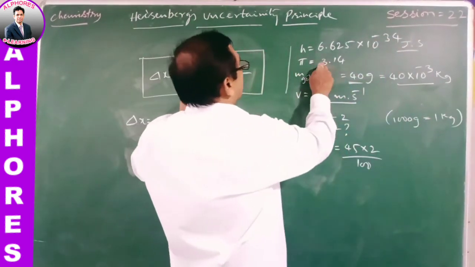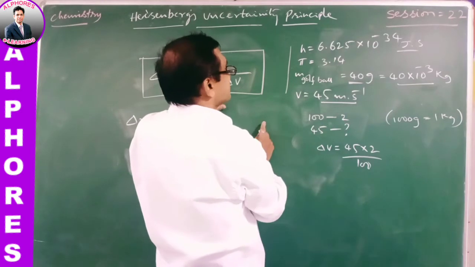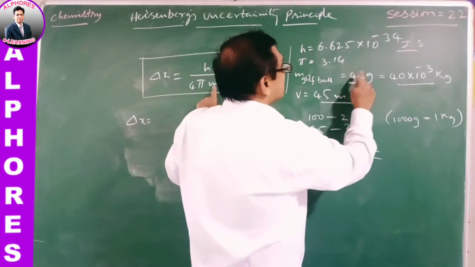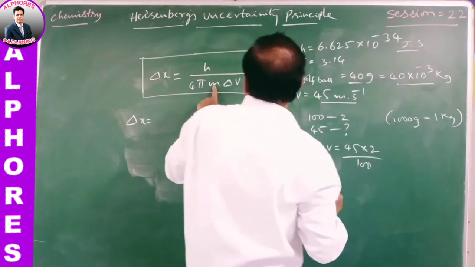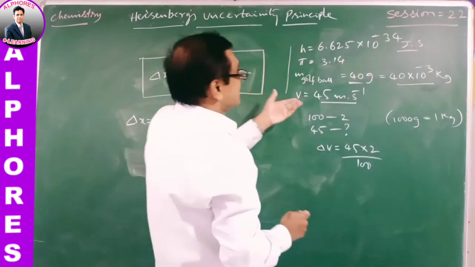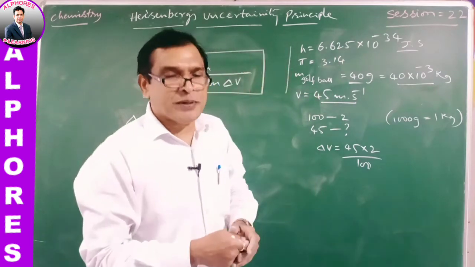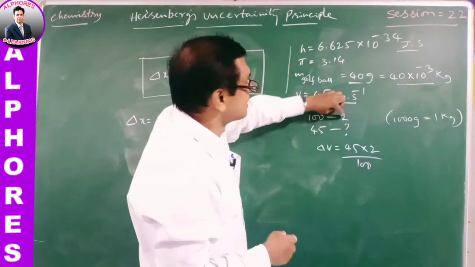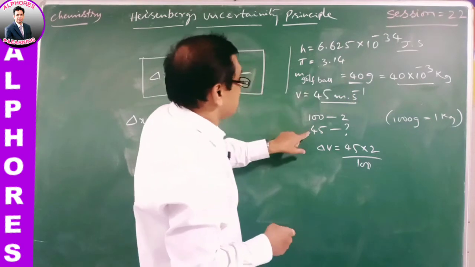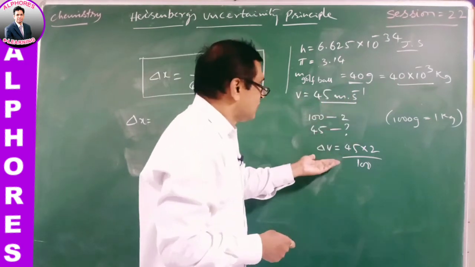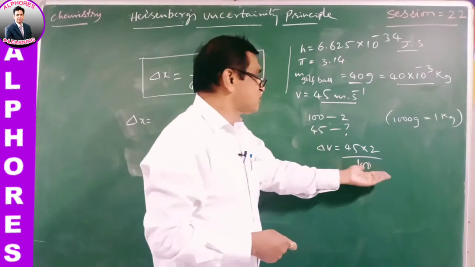Pi is 3.14. The mass of the golf ball, 40 grams, we converted into kg, the SI unit. Next, delta V: the accuracy is 2%, so per 100 the accuracy is 2, and per 45 meters per second we calculated delta V.